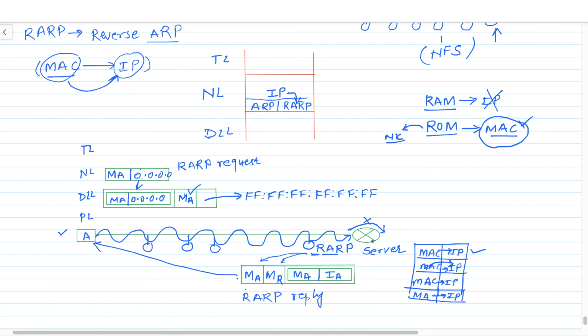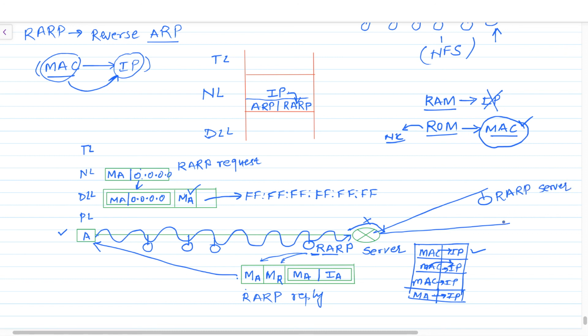So why is it obsolete? What are the disadvantages? The disadvantages are, suppose this router is having some other networks also. So in order to use this RARP protocol, in each and every network there should be a RARP server.